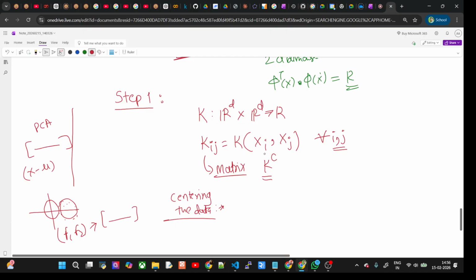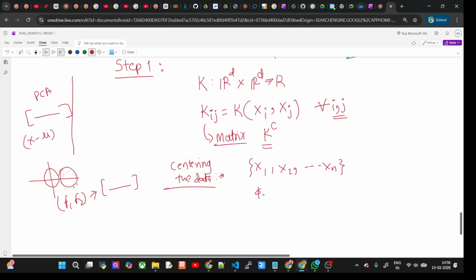So what it is doing actually, if I just follow the steps: you have the data x1, x2, up to xn. We project the data and get phi of x1, phi of x2, up to phi of xn. And what is the next step?